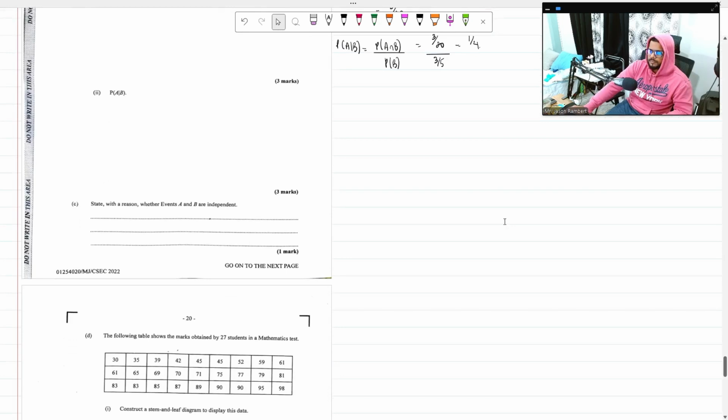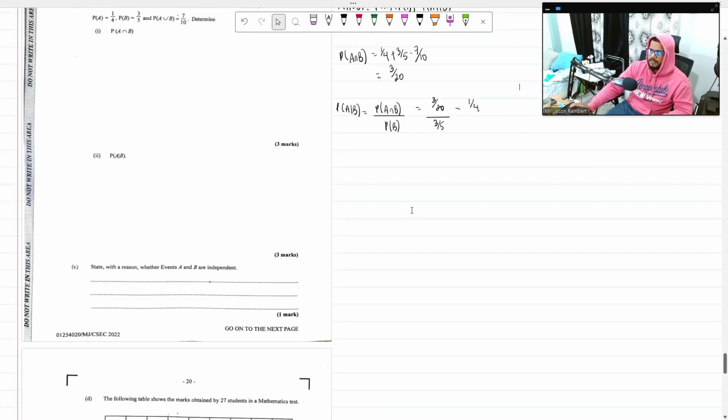All right. State with reasons whether A and B are independent. If A and B are independent, the probability of A intersect B is going to be the probability of A multiplied by the probability of B. The probability of A intersect B is 3/20.